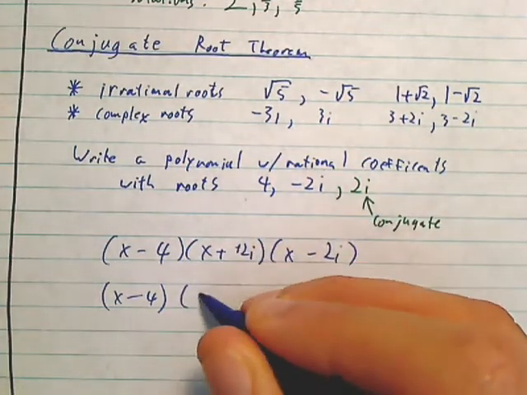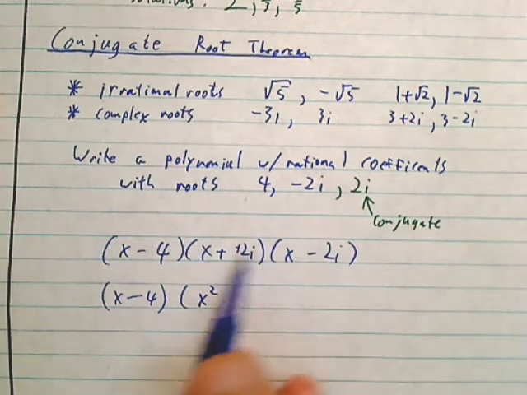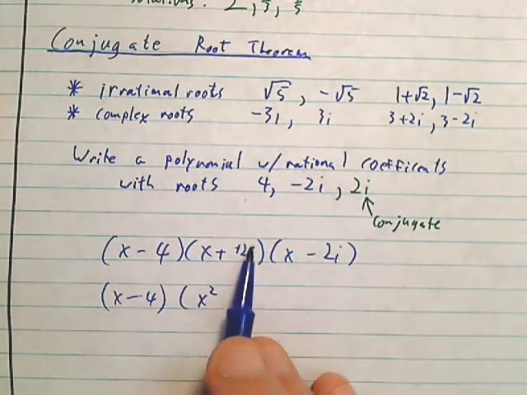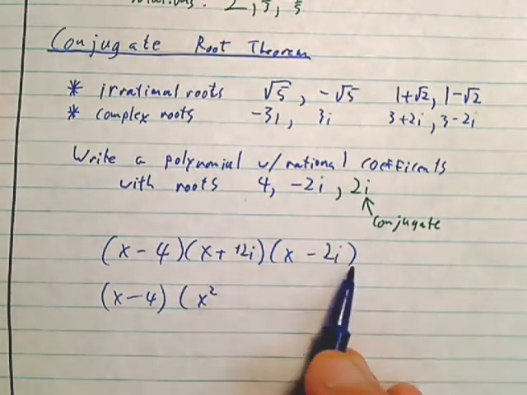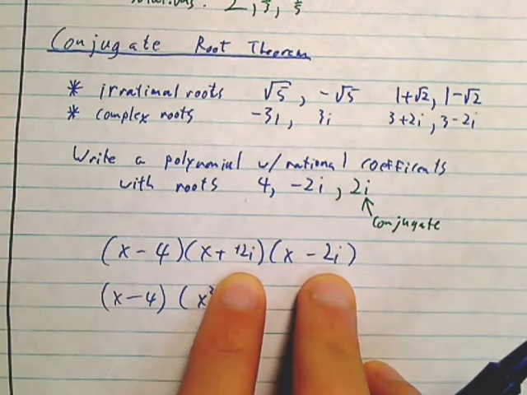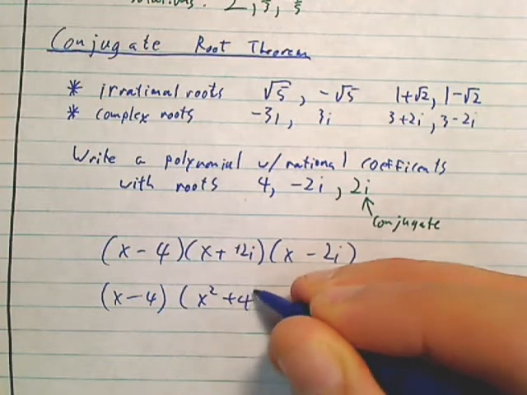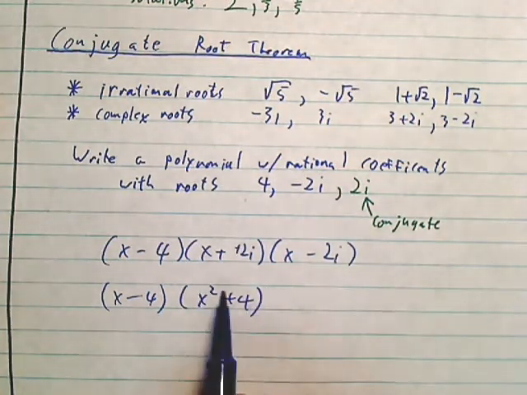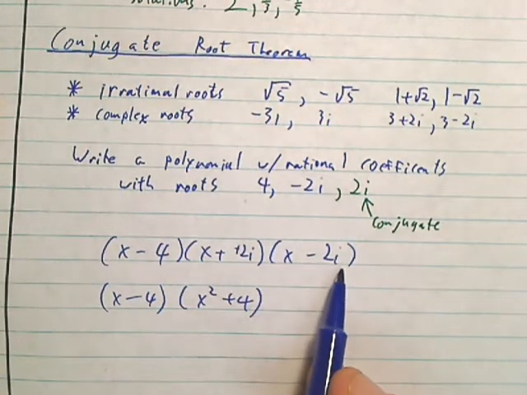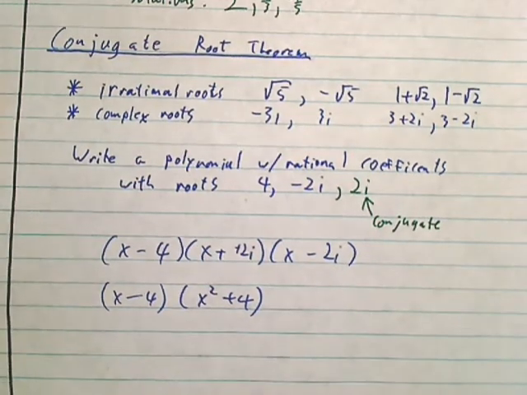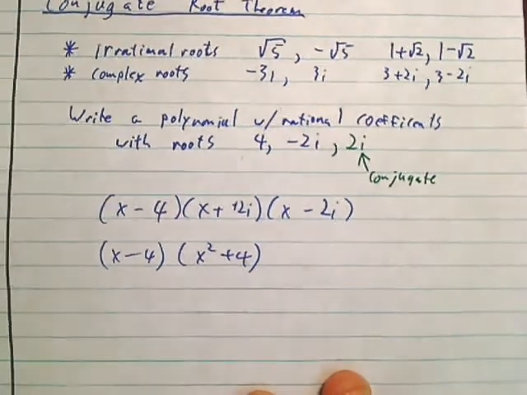This is going to be x squared. And then the 2i in the middle will cancel out. And 2i times negative 2i, well, that's going to be negative 4i squared. But then it's going to be plus 4. Okay, and you can FOIL those out. Just remember that i times i is i squared, and that will change the sign of your number. And you will get the same answer that I got there.